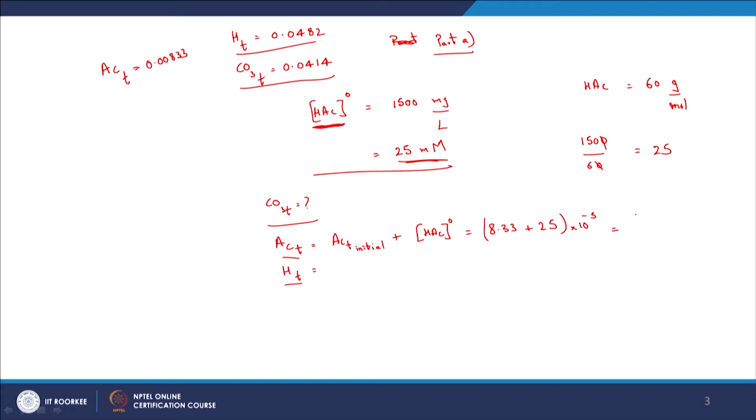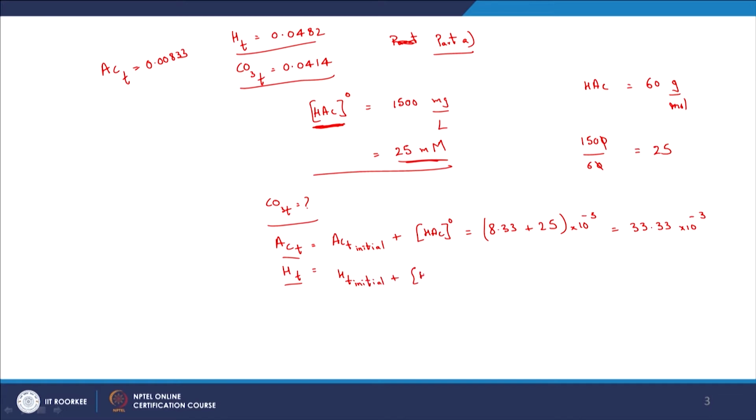Am I plugging that right? And that is going to be equal to 33.33 into 10 power minus 3.